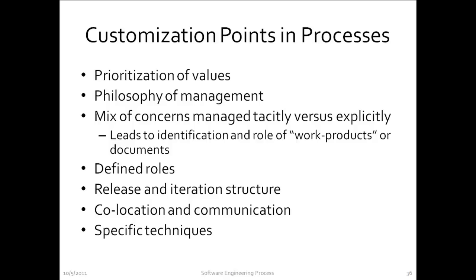And finally, you can also customize the specific techniques you use to deal with each concern. So, for example, you might use use cases for capturing the user perspective of a system. You might use UML as a notation. You might use code reviews and test coverage analysis in your testing or code management, things like that.